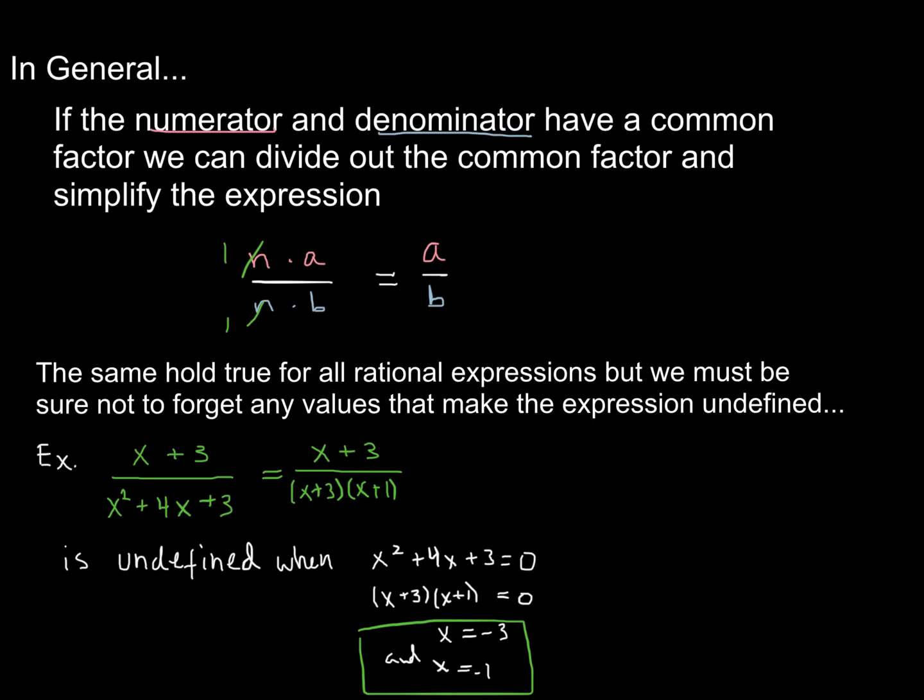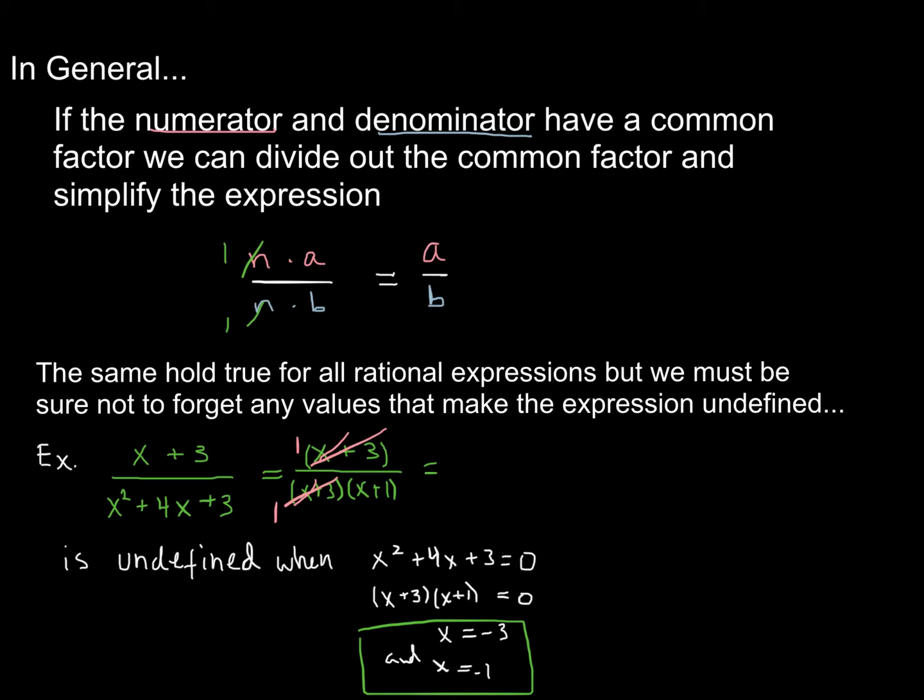We know it's going to be undefined when x equals -3. So everywhere else, we can cancel this, and we can say it's going to have the value of 1. So x plus 3 divided by x plus 3 is the same as 1 divided by 1. And I might put parentheses around this x plus 3 just to make it really clear that I am canceling this factor with this factor.